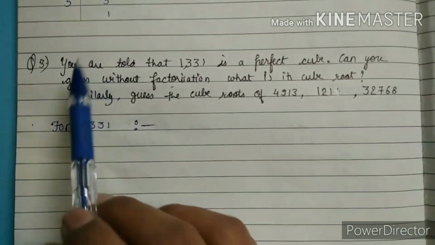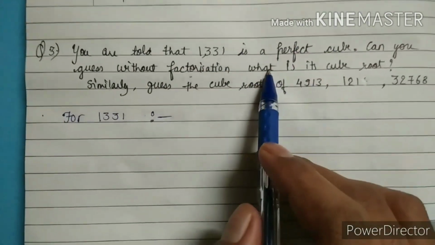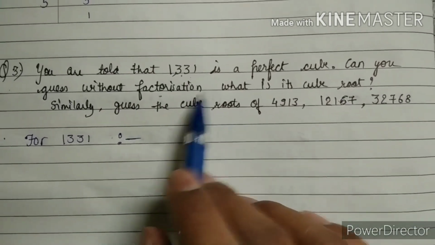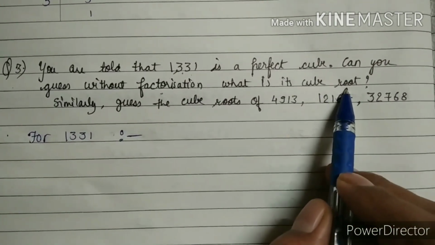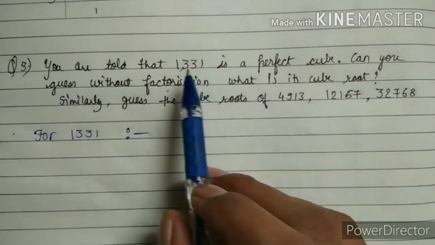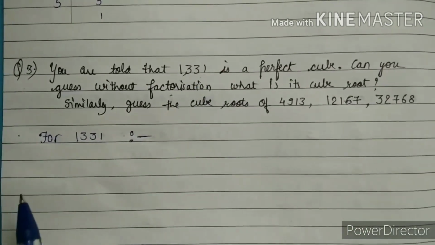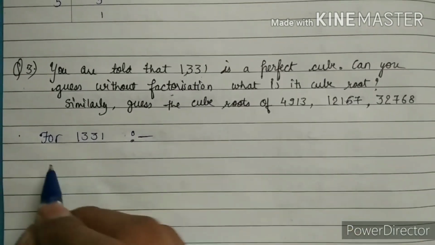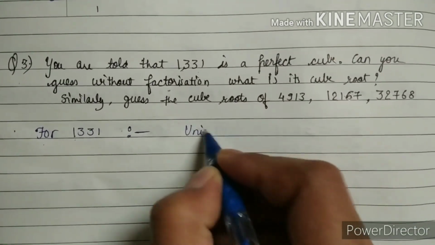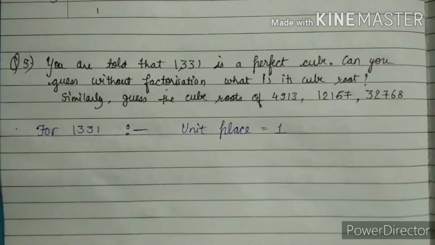Question number 3 is, you are told that 1331 is a perfect cube. Can you guess without factorization what its cube root is? So we have to answer without calculation. In this you can see for 1331 its unit place is 1.